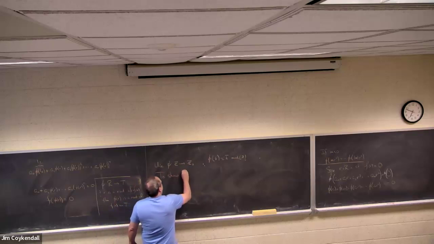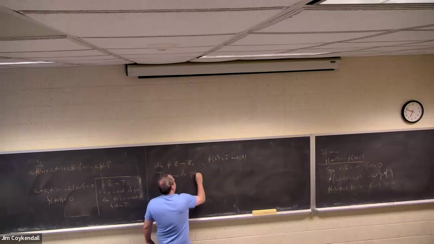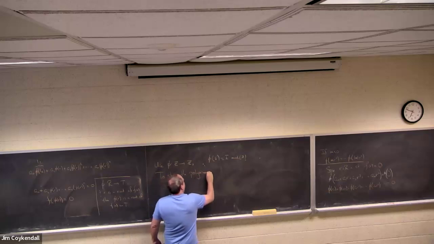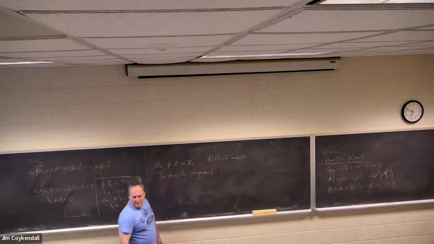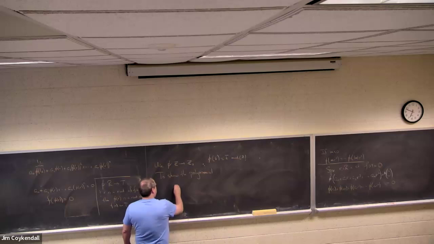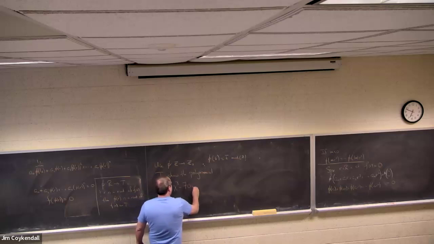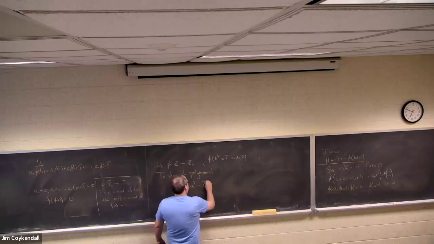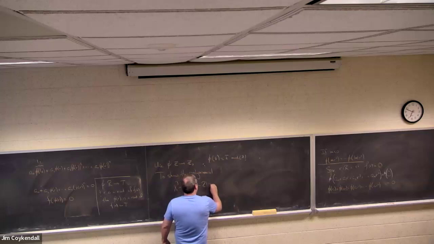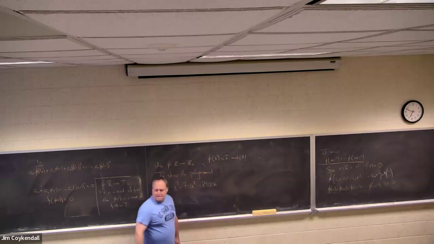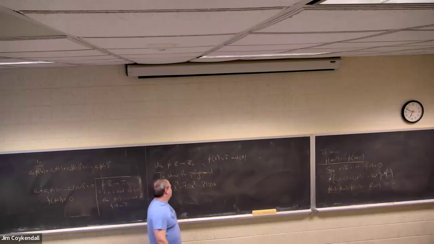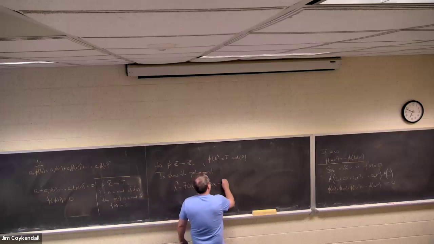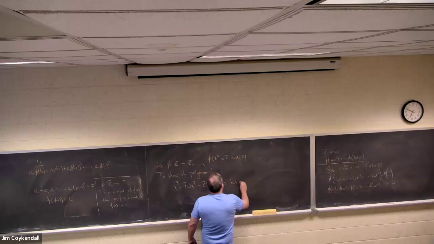Show the polynomial x cubed minus 70x squared minus 2100x minus 5 has no integer solutions.